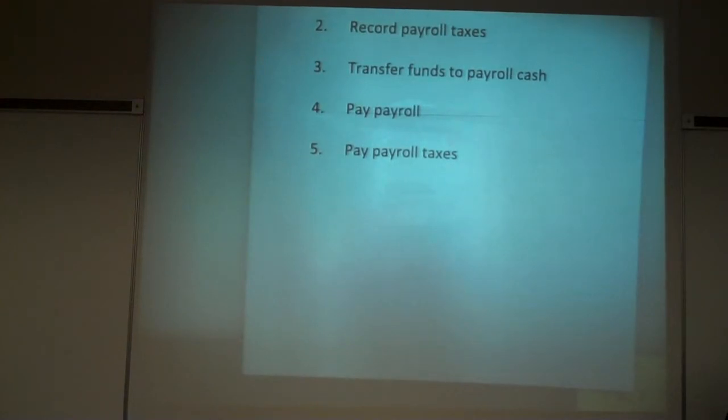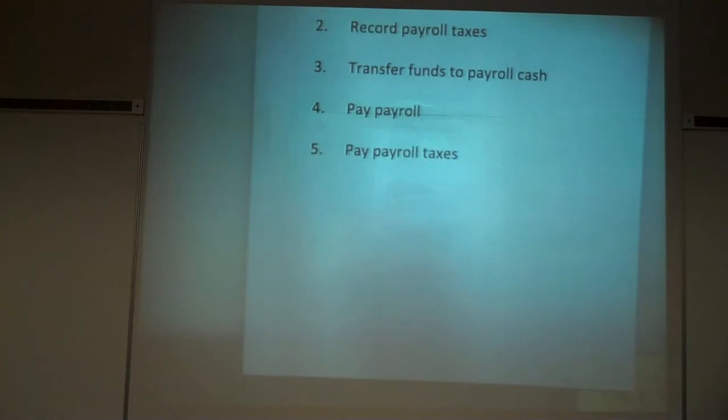It could be payroll checking, it could be payroll cash. Just look at my chart of accounts to see what it is. A credit to our regular cash, a debit to our payroll cash. And the description would be transfer the funds for the payroll for whatever period it is. Oh, don't forget your descriptions.